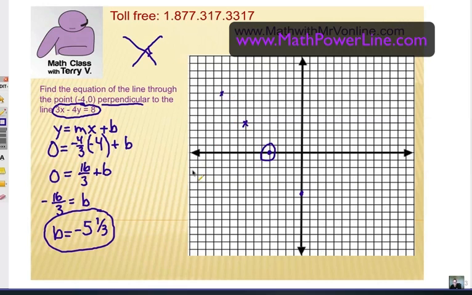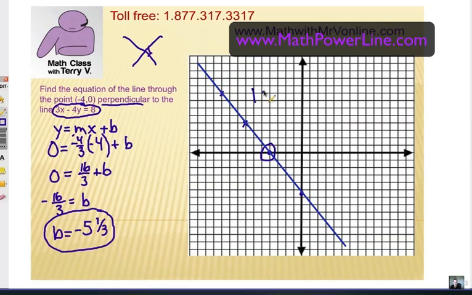And now let's draw our line. You can see our estimate of the y-intercept is pretty close. I was a little bit too low there. But that's what the line would look like. And remember that it has a slope of negative 4/3 and an intercept of negative 5 1/3. So let's go ahead and write that out.